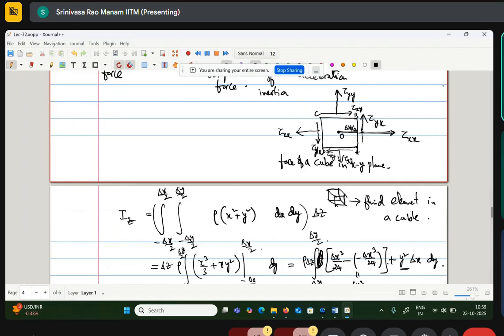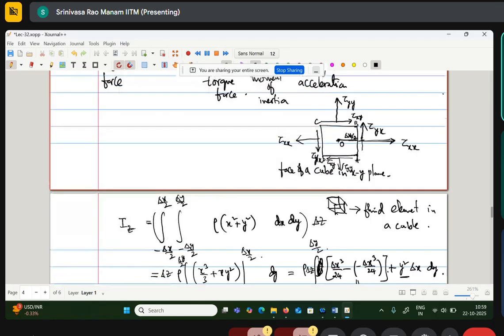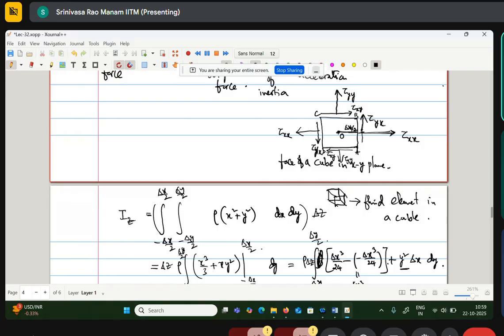The torque is with reference to the point 0, 0, 0. It is rotating from A to B, like angular momentum, so there is angular displacement. That gives you the torque, which is the distance times the force.